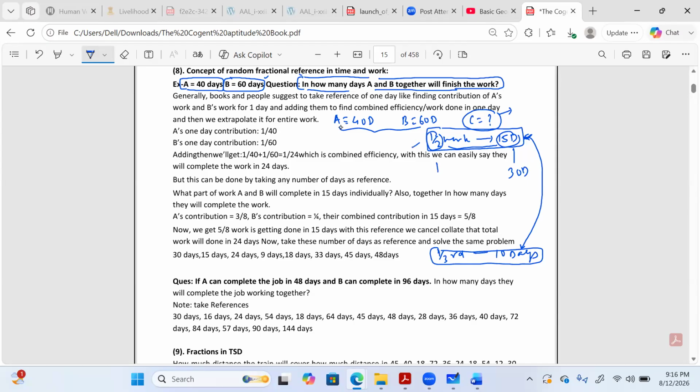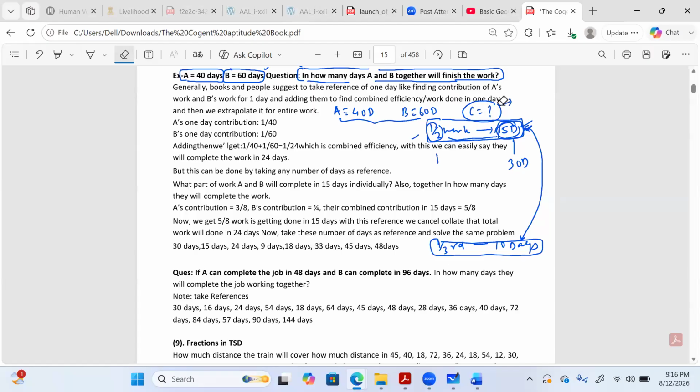We can do this with other references also, like for 15 days or anything, you can extrapolate it to find in how much time C will be able to finish the job.